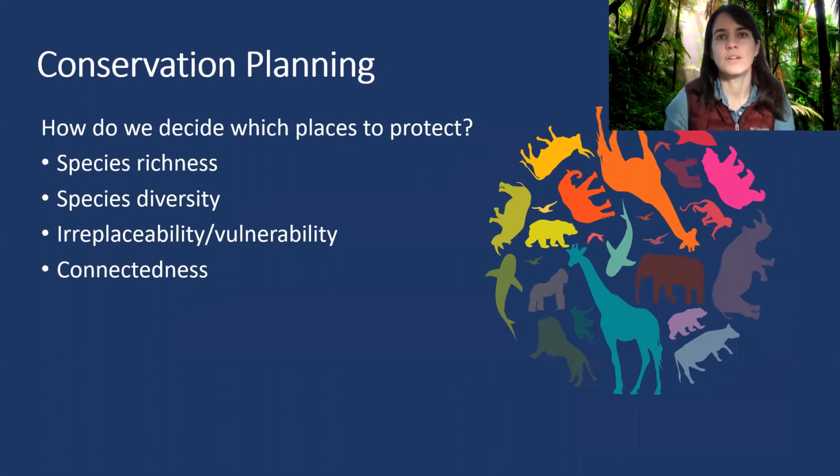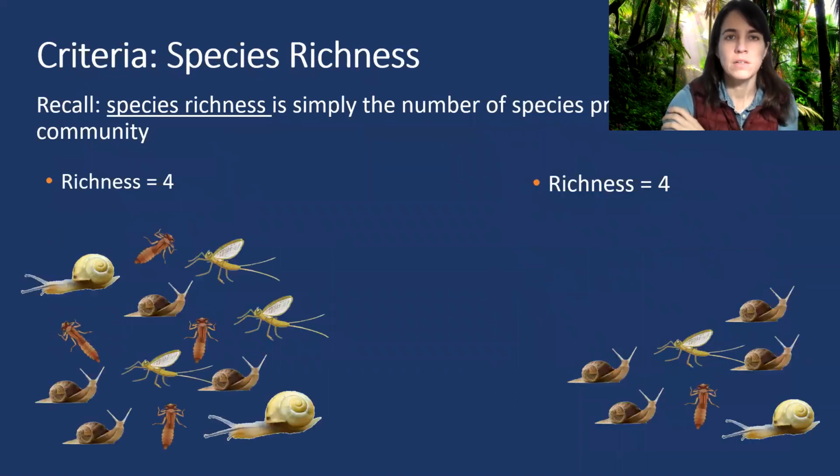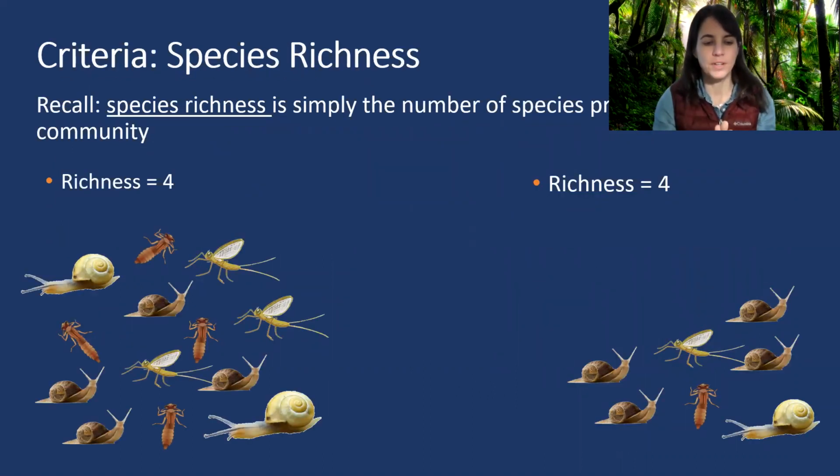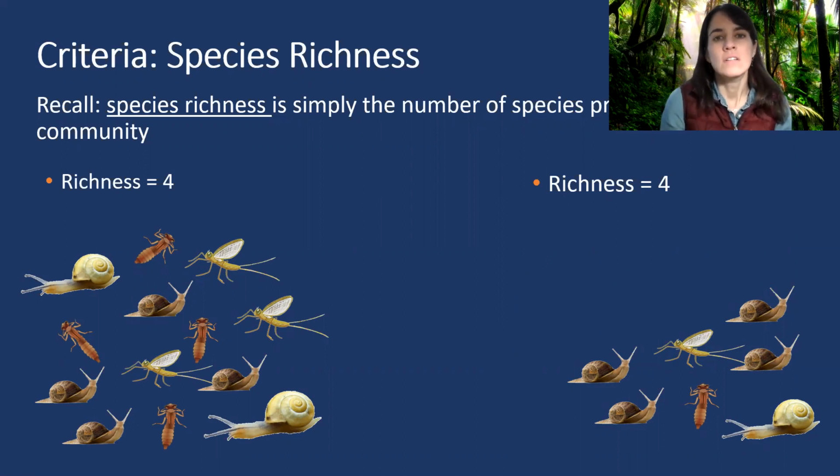But there's other considerations like irreplaceability of the ecosystem or the species, vulnerability of the ecosystem or of the species, and also connectedness of the protected areas. So let's talk about the value of each of those metrics and then some of the problems with only using that metric.